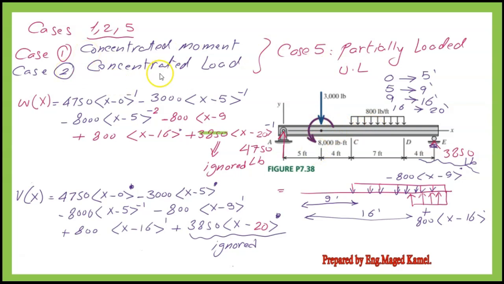Case number 2 is the concentrated load, which includes the reactions at A, the concentrated load acting after 5 feet, and the other reaction at E. While case 5 is the partially loaded uniform load, acting after 9 feet from the left support and with limited width, which is 7 feet.